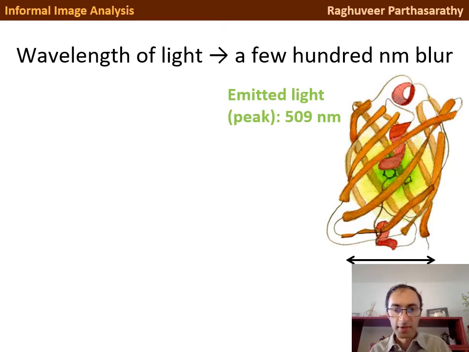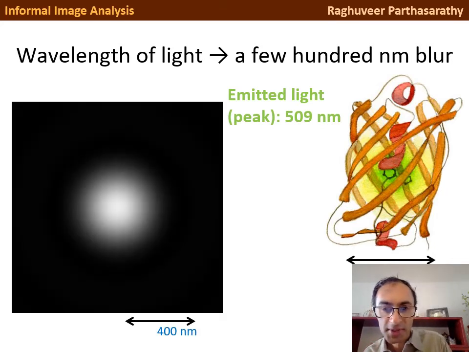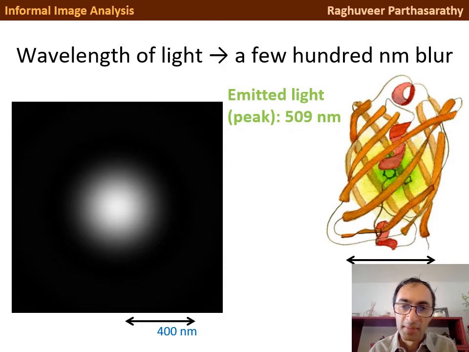So the perhaps most important thing about light is that it has a wavelength, and our green fluorescent protein, for example, here is emitting light with a range of wavelengths, all mostly centered around 509 nanometers. So visible light has a wavelength of a few hundred nanometers, and what that means is that even a point source doesn't look like a point, but rather a blur that's a couple hundred nanometers in size.